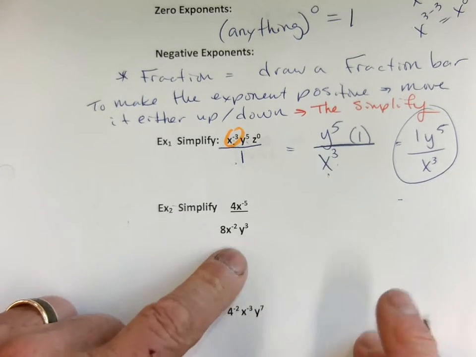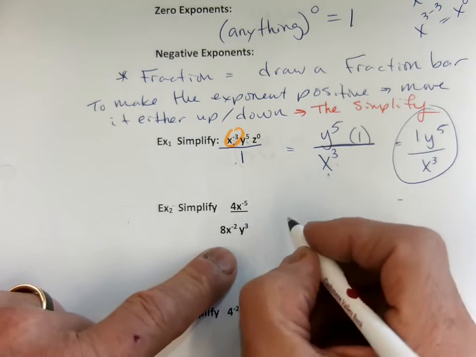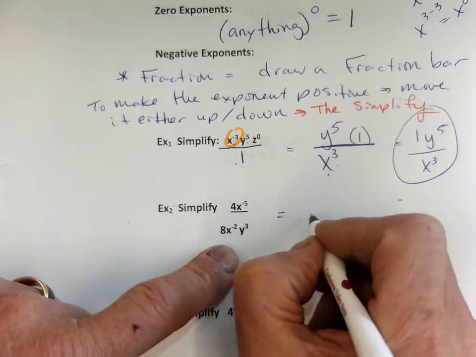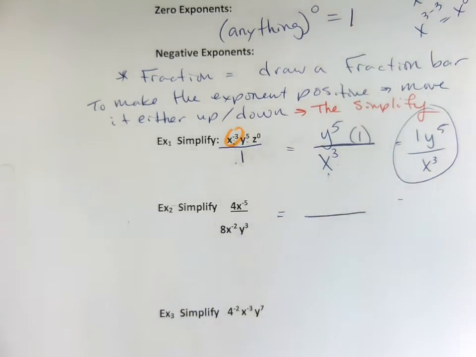So before I do anything, I see my negative exponents. So what is the first thing I do? Just write the fraction bar, right? So you have the top and the bottom, numerator, denominator, fancy words. I love those fancy words. And let's move the negative exponents.